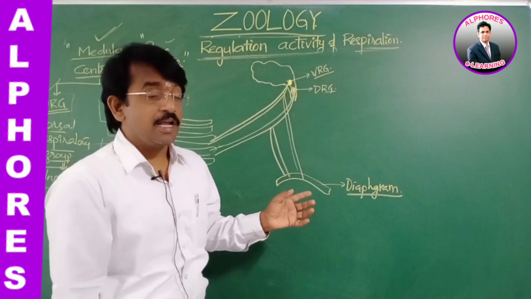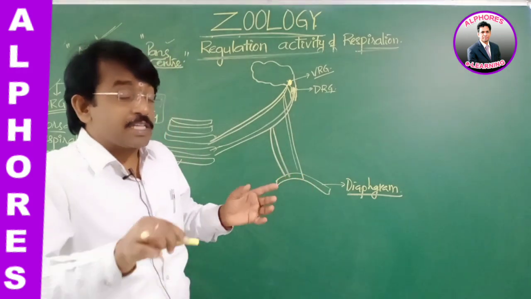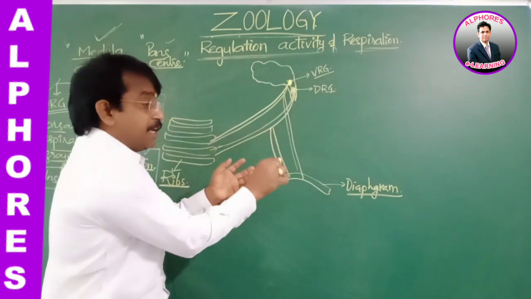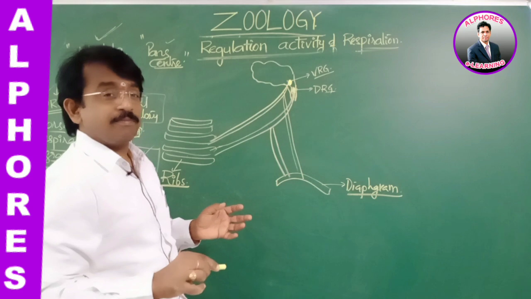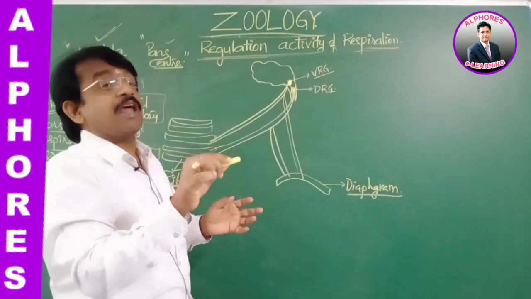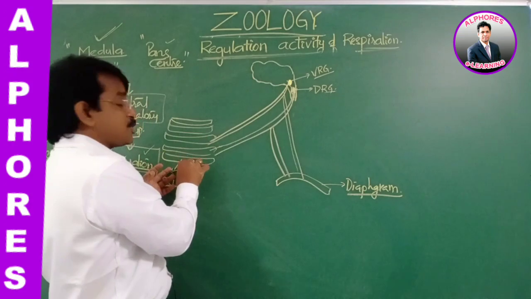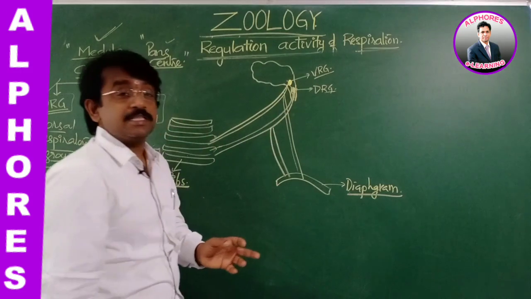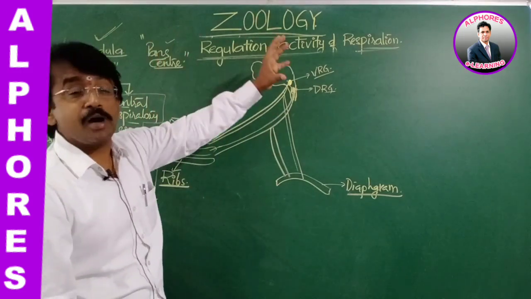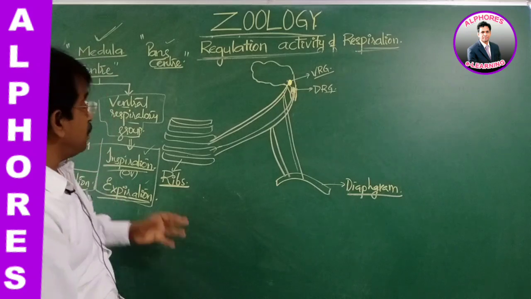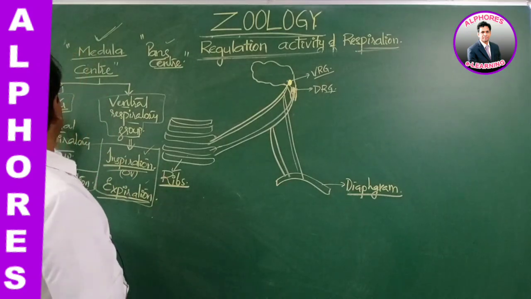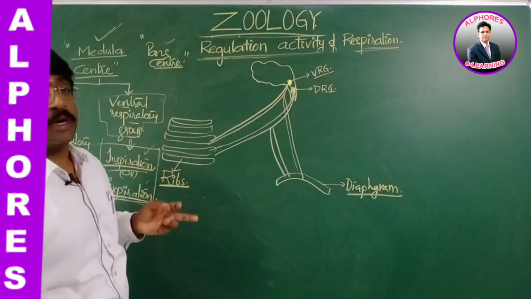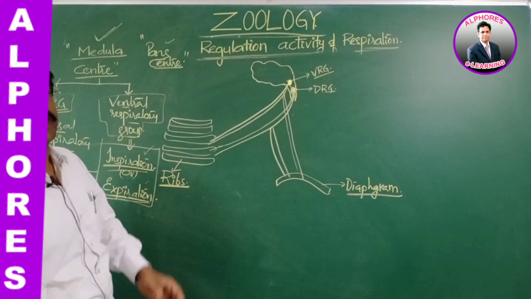Whereas in expiration the external intercostal muscles and the phrenic muscles relax. This contraction and relaxation of the external intercostal muscles and the phrenic muscles is regulated by the respiratory rhythmic center, which is with the DRG and VRG, dorsal respiratory group and ventral respiratory group. So this is how it is regulated.